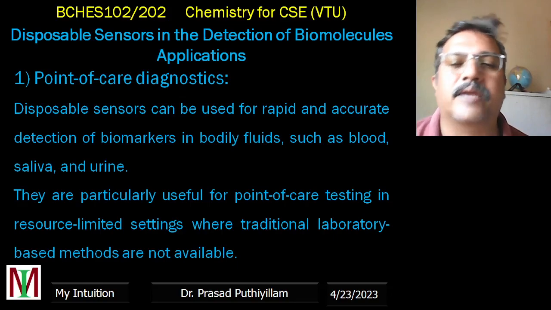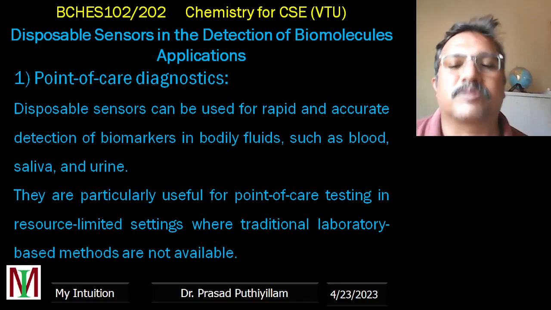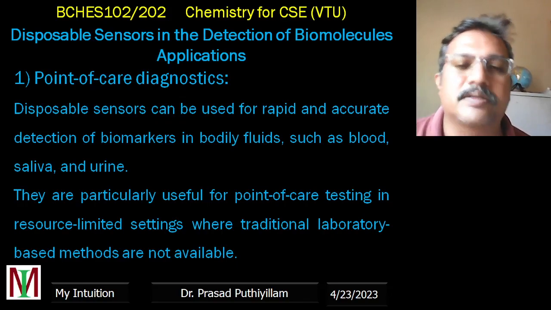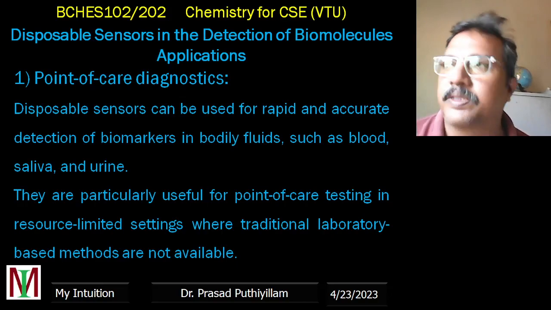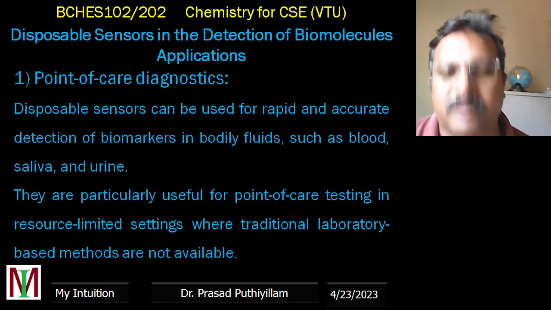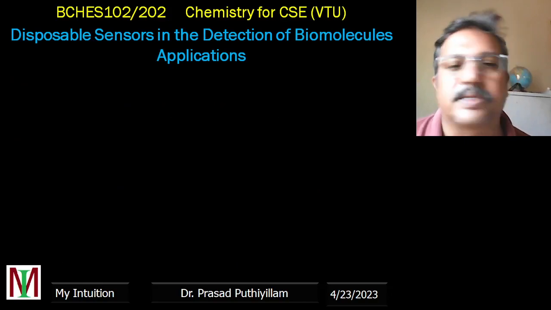Means where we cannot go to the hospital, you can carry this small disposable sensor for detection. So in rural areas, or places where it is very difficult to reach, we can use this type of disposable sensor.